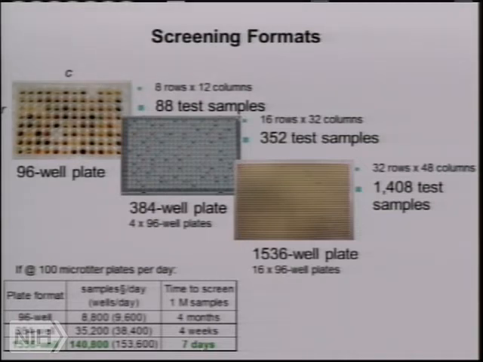So this gives you a lot of real estate to have enough positive and negative controls, and to test a lot of samples, 1,408 if you reserve 4 columns for controls, relative to a lot fewer samples in the 96-well plate. Volume is decreased per test, so you achieve savings in terms of reagent costs, and the time to run a screen of certain size libraries is dramatically decreased.